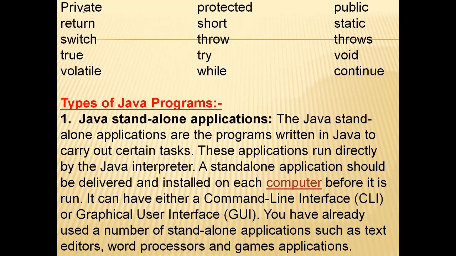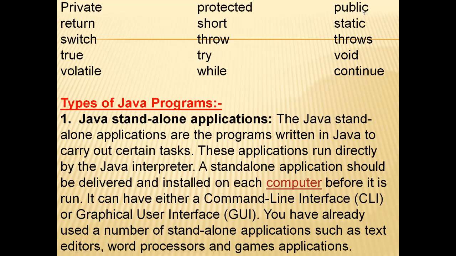Private, public, protected: these are the access modifiers when we are making a program. If we write private, it means the program will be used only by the person who made it. Protected means the programmer gives a password to protect his or her file.